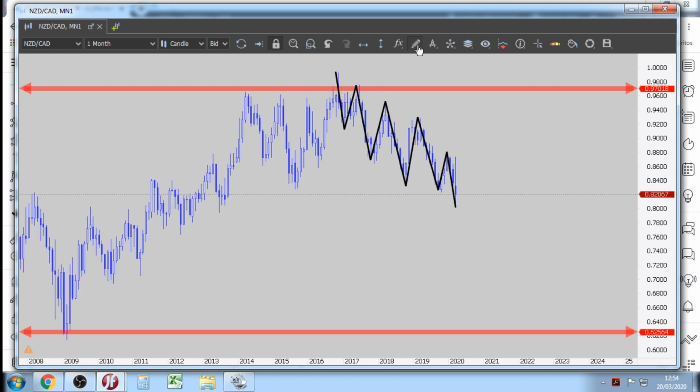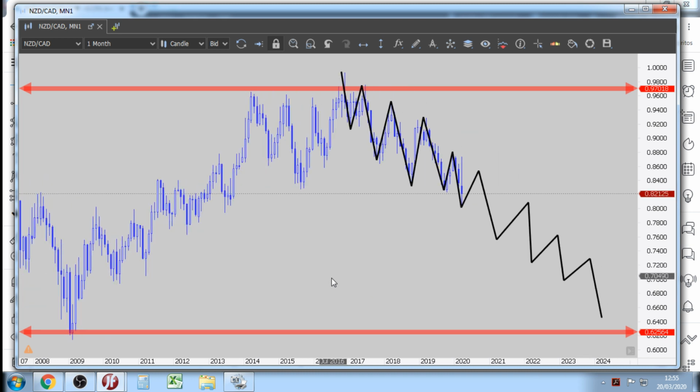And guess what it's going to do? It's going to continue to do lower lows, lower highs. Of course, if nothing fundamentally changes between the two countries, which is an unknown. We don't have the crystal ball. But this pair, it's easy to trade.